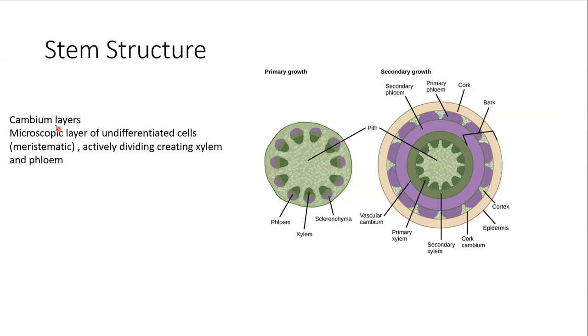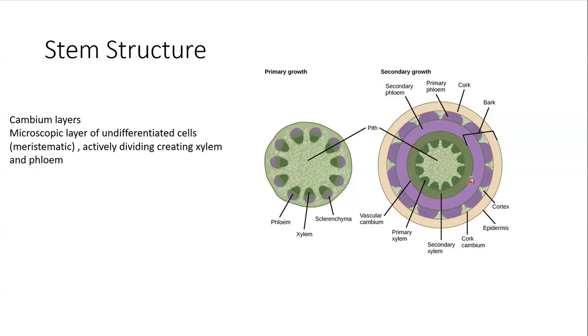And these cambium layers are very, very microscopic, very small, thin layers of undifferentiated cells that are actively dividing, creating xylem to one side and phloem to the other. So we actually have two of those cambium layers.